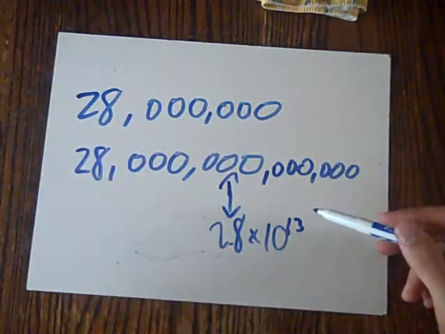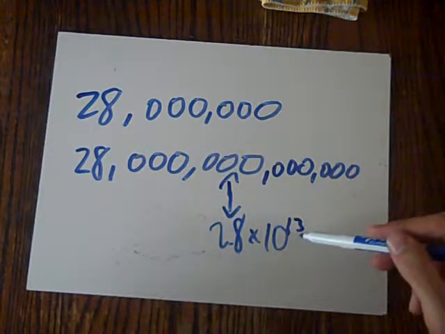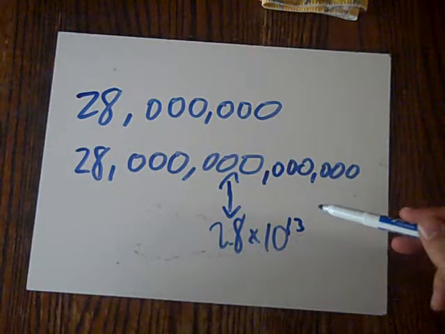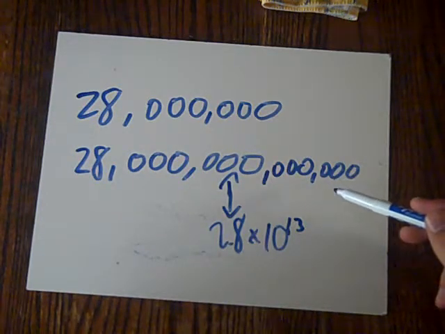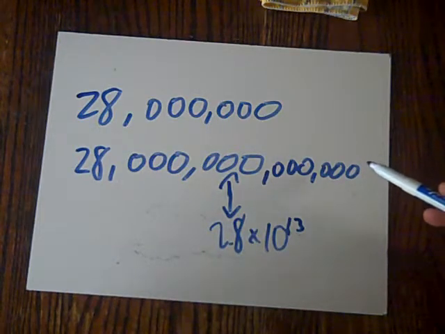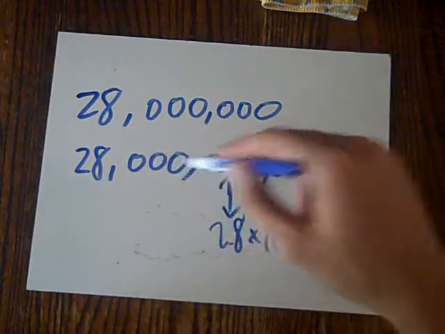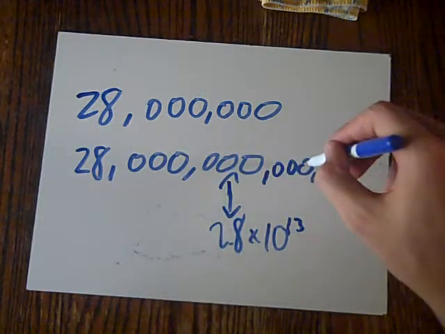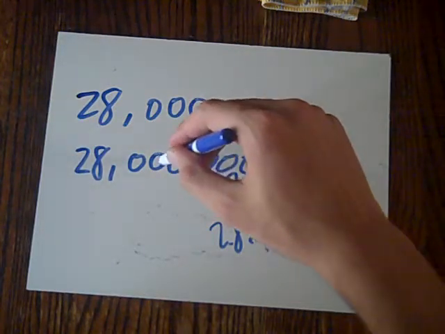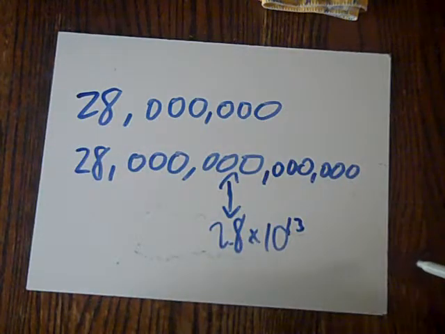And basically, when we multiply times 10 to the 13th, we're basically multiplying by 10 times 10 times 10, thirteen times. Alright, so that's what you're multiplying it by. So all of these zeros are 10 times 10 times 10 and so on. 2.8 times that.